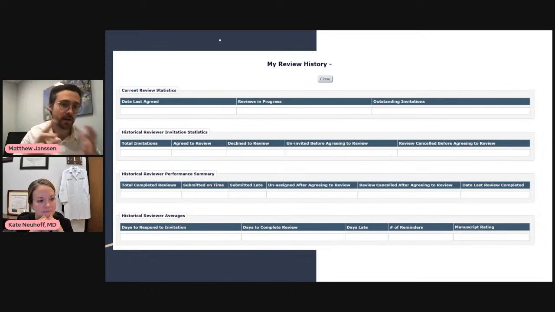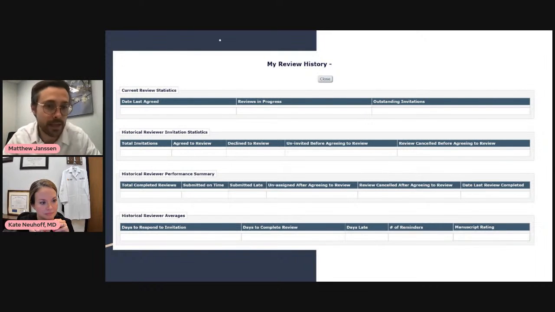Yeah, and the way that you pick different topics, because I totally agree with that, is that when you first log in or sign in, it'll ask you for your areas of expertise. That's how the editors can go through and say, okay, this paper is on genetics, who's listed that they're more interested or more expert in genetics, or diabetes, or whatever the exact topic may be. And that's how they find people that they want to review.